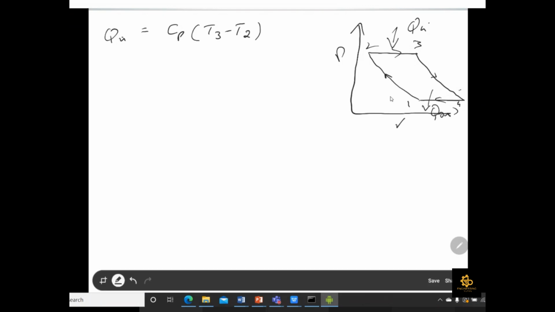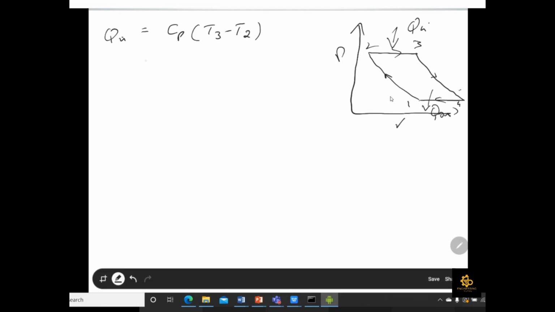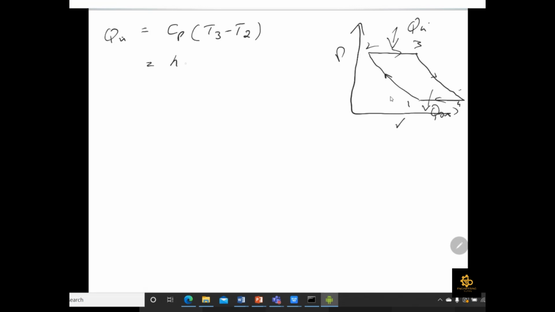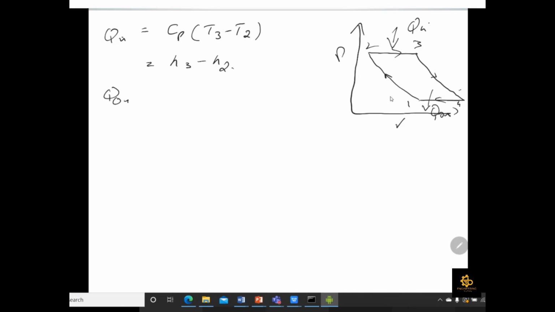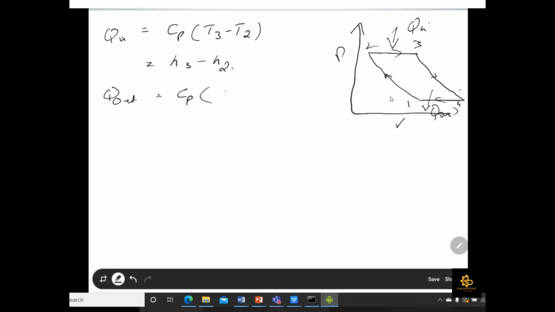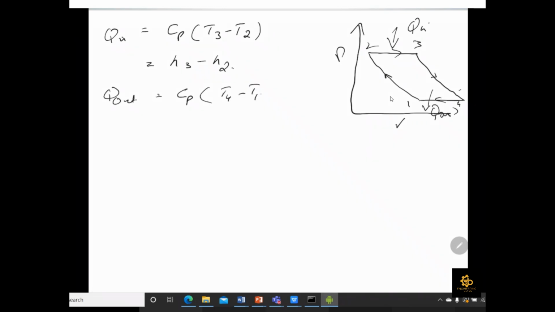Okay, and then whenever Cp values are involved, we can also say that it will be equal to H3 minus H2. Okay, so we already know this from previous knowledge as well. Okay, then Q out. So Q out is also at constant pressure. Okay, so we can say Cp (T4 minus T1), and then we can also write H4 minus H1.